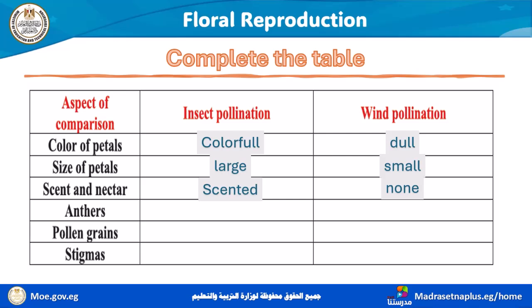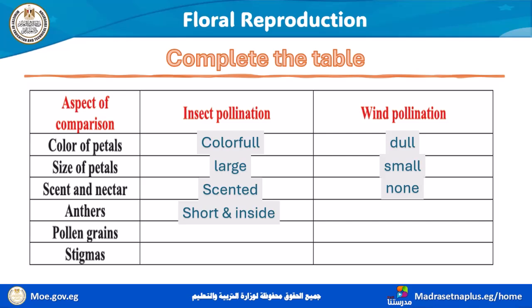Let's move to the fourth point, which is the anthers. What is the description of the anther in case of insect pollination? In case of insect pollination, the anther is short and located inside the flower. What about in case of wind pollination?